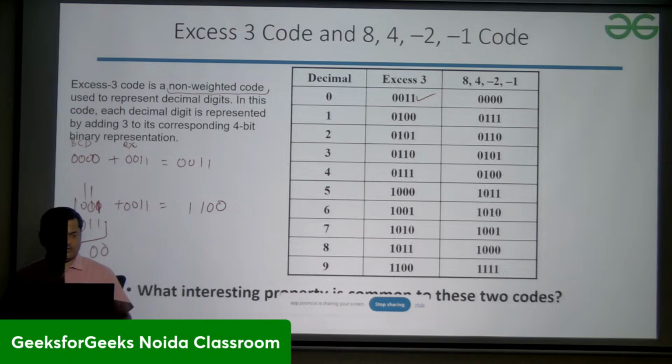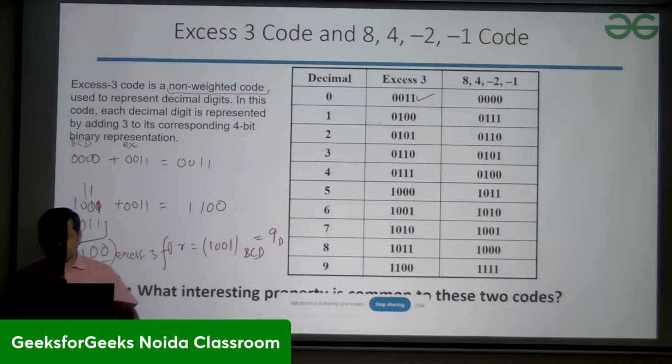The carry is produced. So 1, 0, 0 is going to be 1 here, and this is 1 here. So this is the XS3 code for 1001 in BCD, or 9 in decimal. All right.